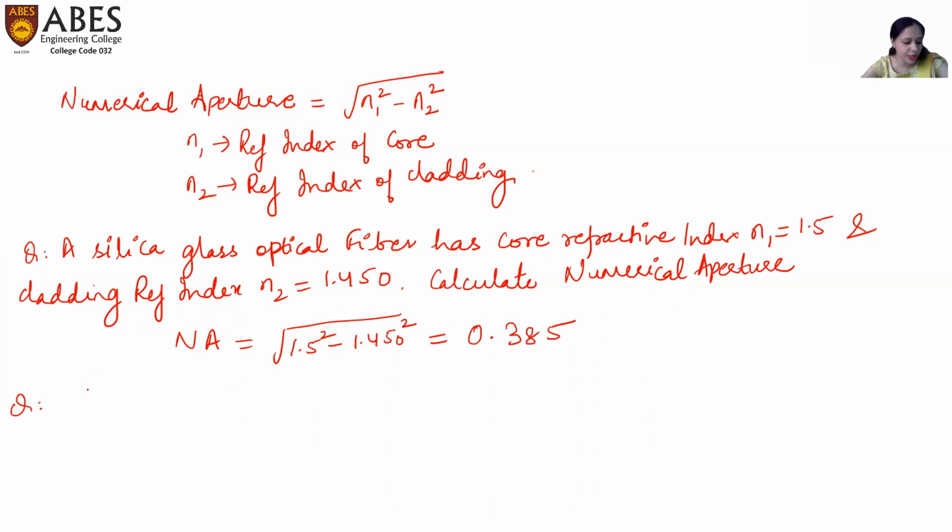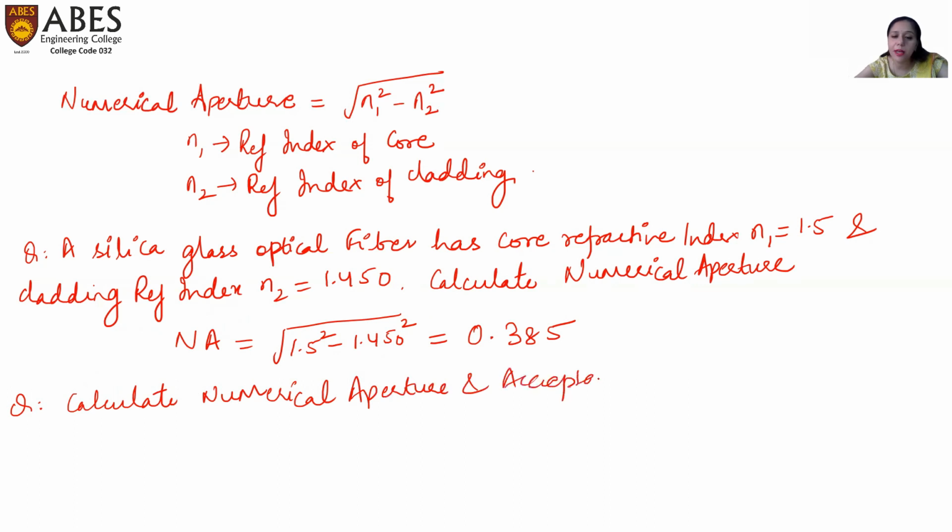Coming to the next question, we have to calculate the numerical aperture as well as the acceptance angle. Acceptance angle is another formula. In this case, N1 and N2 are again given to us. N1 will be 1.48 and N2 will be 1.46.